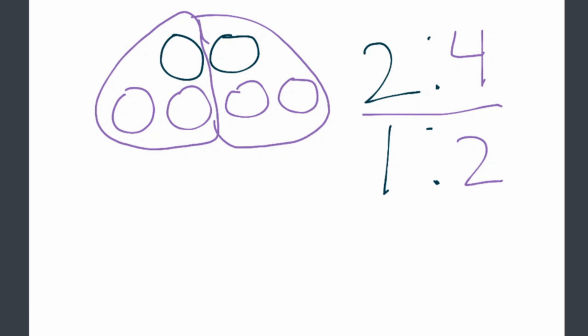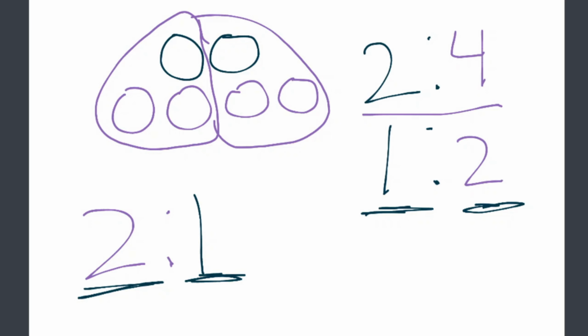Now let's say we wanted to compare the amount of grapes for each blueberry. We can write it as 2 to 1, because for every 2 grapes, there's 1 blueberry. So whenever a question is asking you what is the ratio from blueberries to grapes, you would have blueberries first, and then grapes second. But if you had, what is the ratio of grapes to blueberries, you would want grapes in front and blueberries second.